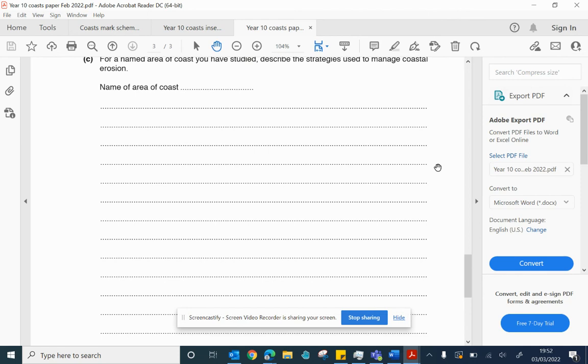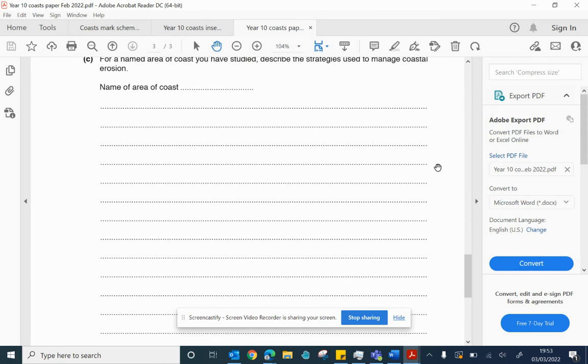So Bridlington with its sea walls, Mappleton with its riprap groin and its riprap sea wall, Easington with its revetments, etc. And maybe just any other places that you remember, right? And all you've got to do is name those places and write about what strategies have been used.